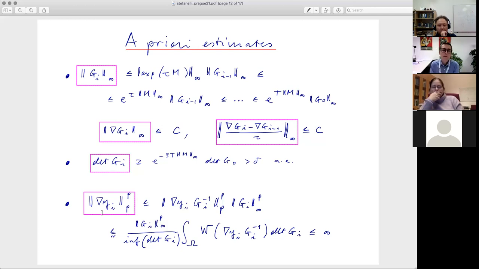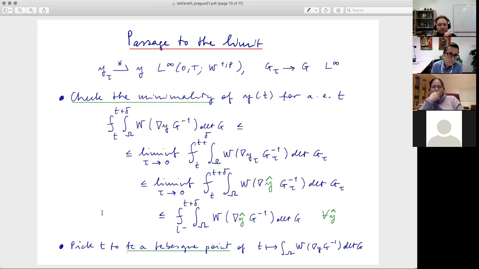So this is enough to start the identification, a passage to the limit procedure, which goes along fairly classical lines, but for this point that I'm mentioning here. The deformations are going to be weakly converging in L infinity of W^{1,p}. This is the Sobolev bound which we just stated. And the G's are going to be strongly converging uniformly in space and time, actually much more, but this is enough for this argument.